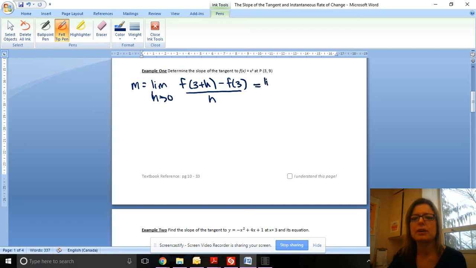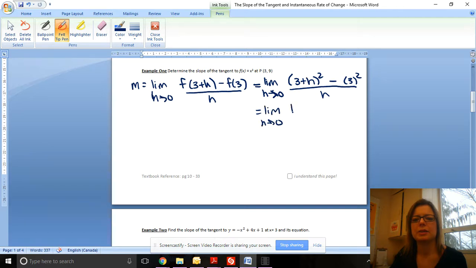So let's not forget our limit statement. That is, I will admit, my number one mistake. I forget it all the time, but you can't. Now we sub 3 plus h into the function. So you get 3 plus h quantity squared minus 3 squared all over h. Now we expand and simplify.